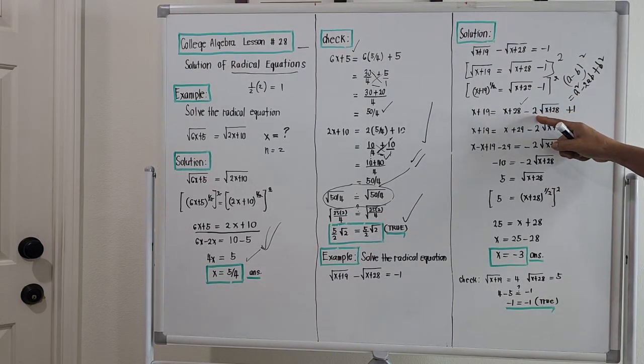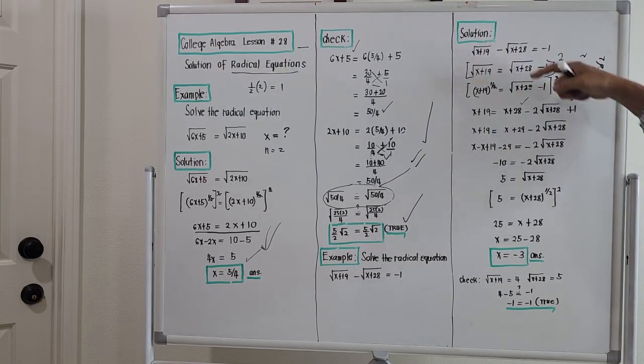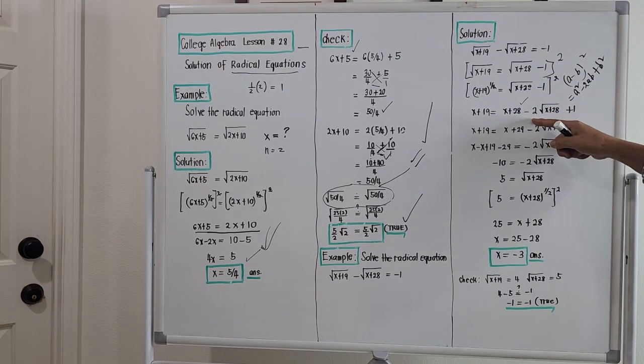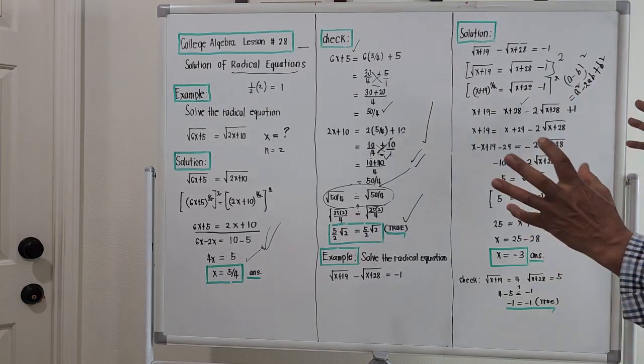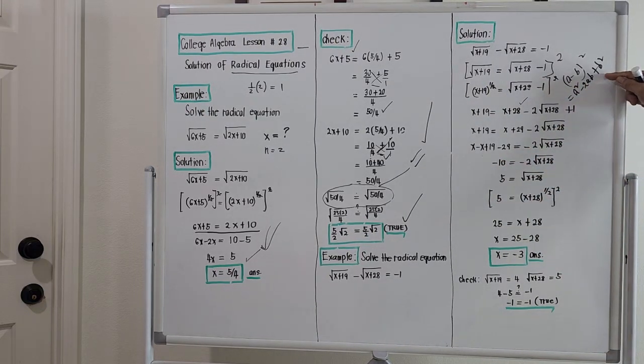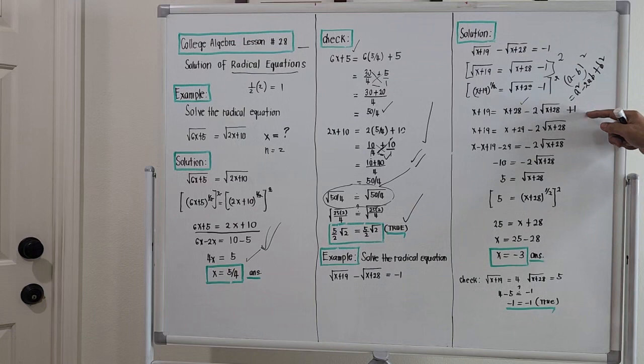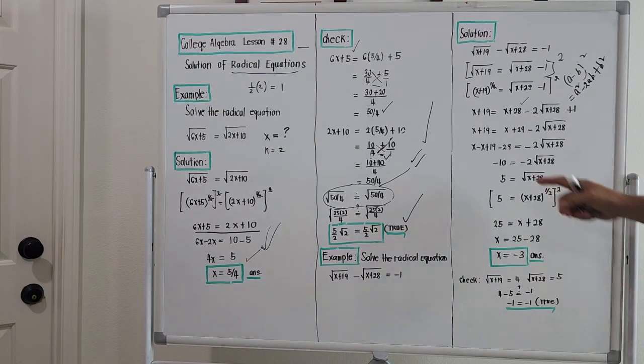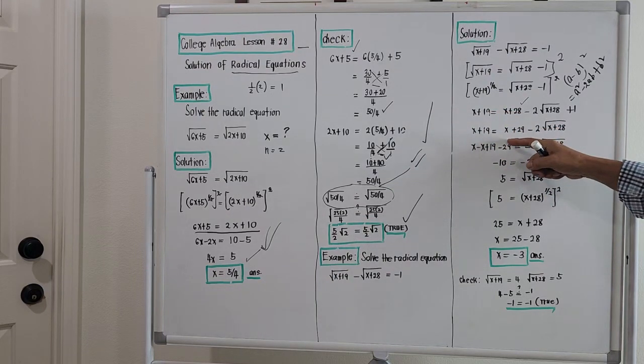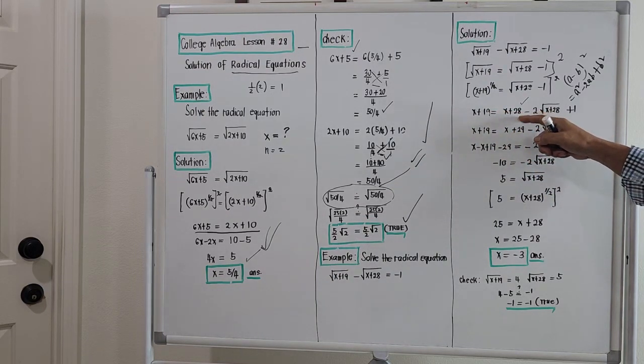So this is minus 2 times 1 times the square root of x plus 28, or just simply minus 2 the square root of x plus 28. And the last part, the square of minus 1, is plus 1. Combining similar terms, x plus 28 plus 1 is x plus 29.